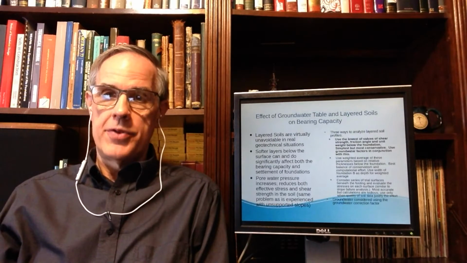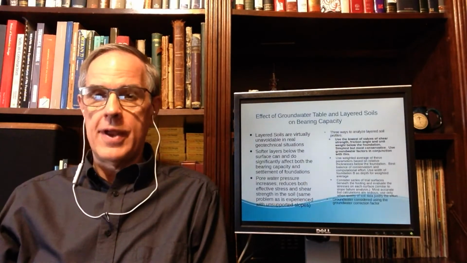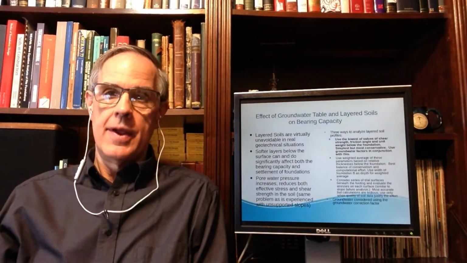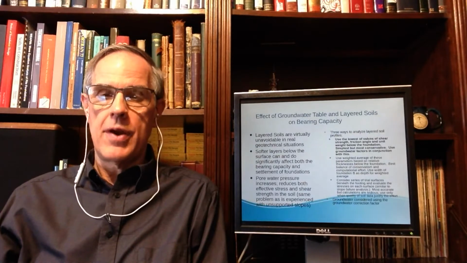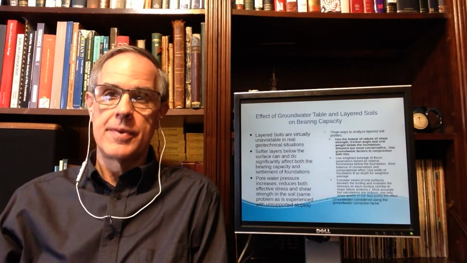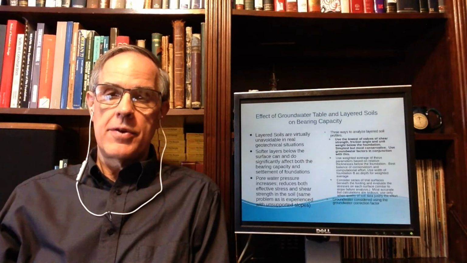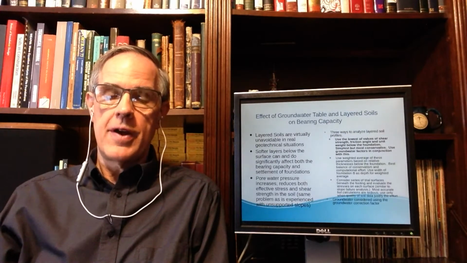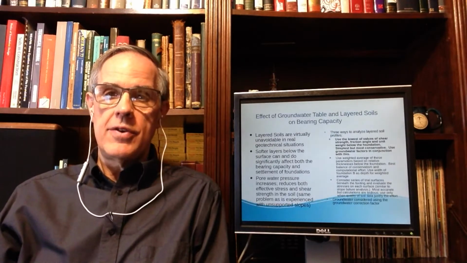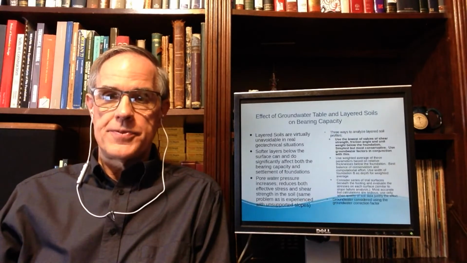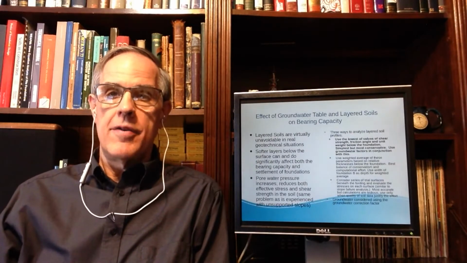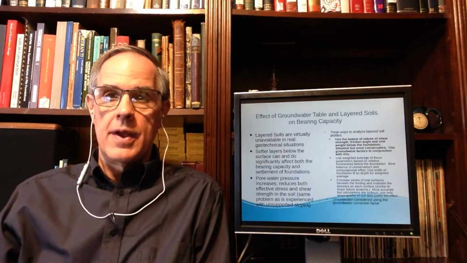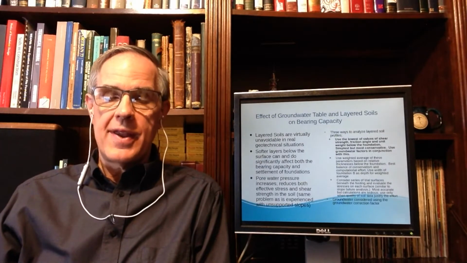And you'll probably also recall that the groundwater table interacts with the layering, and in fact we traditionally split layers if the groundwater table is present between the boundaries, because the groundwater table, by changing the effective stress profile and the buoyancy of the water, changes the geotechnical properties of any soil layer. So the two go together.